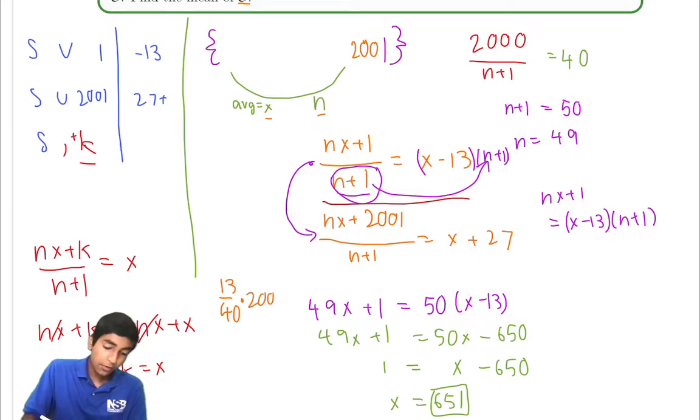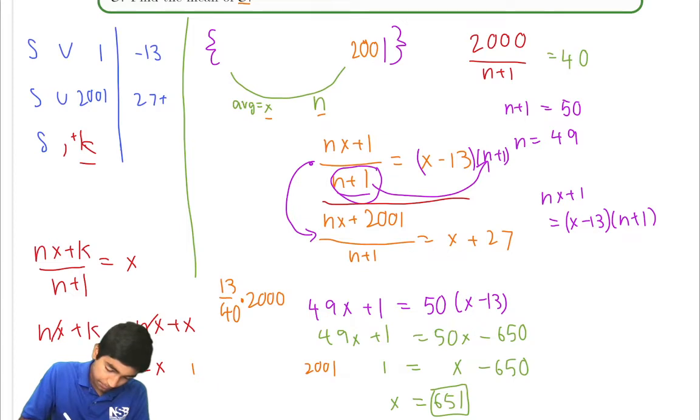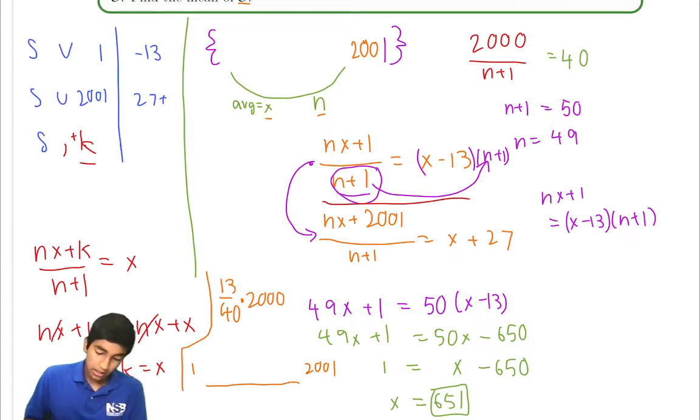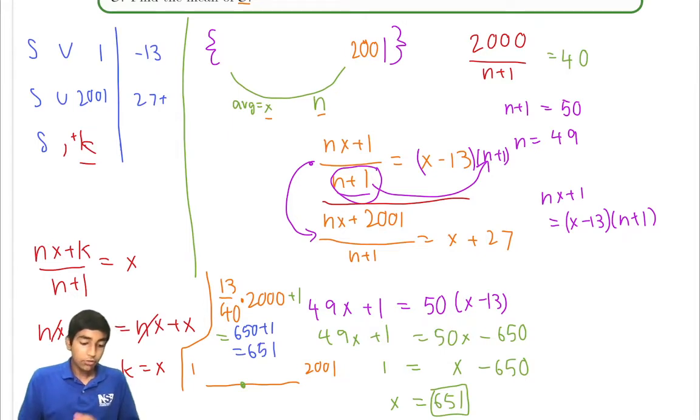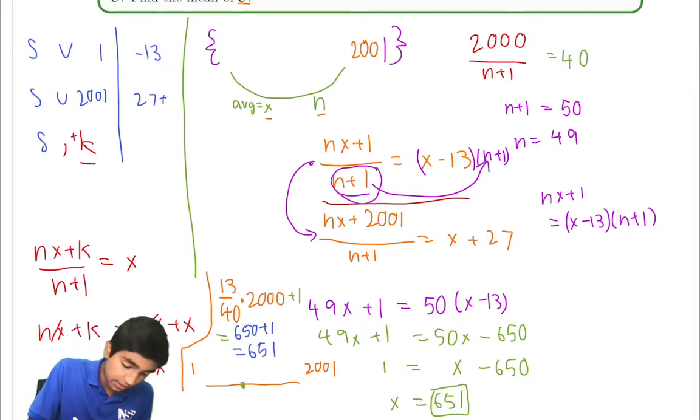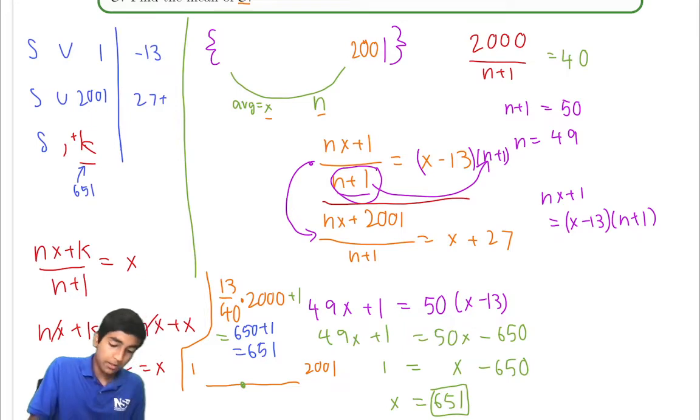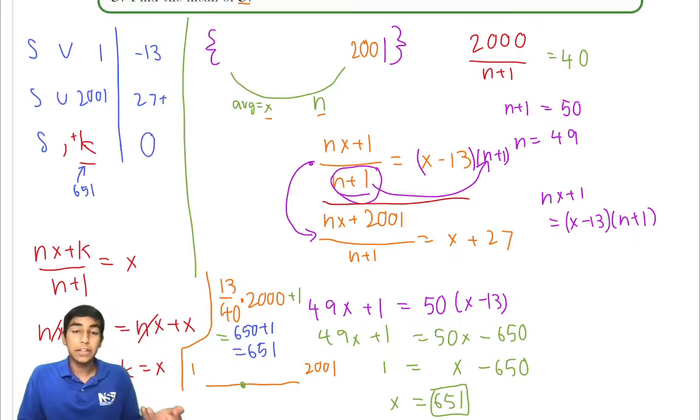So once we find that point, that's just 13 over 40 times 2000, plus 1. 13 over 40 times 2000 is 650, plus 1 is 651. So that's this point over here. If k is 651, then the change will just be 0. The mean will be unchanged.